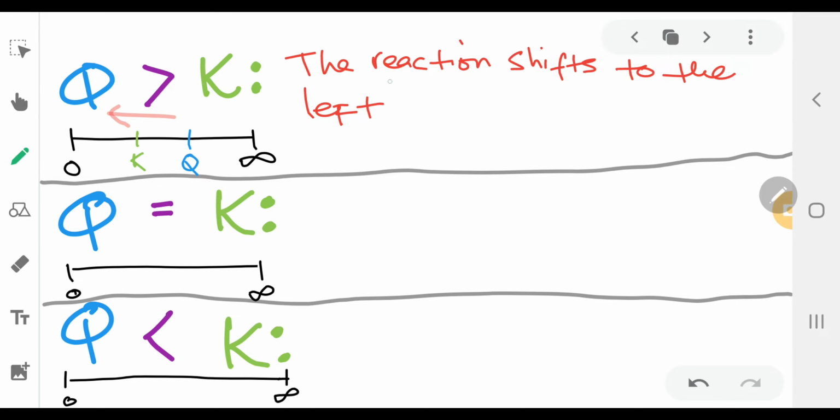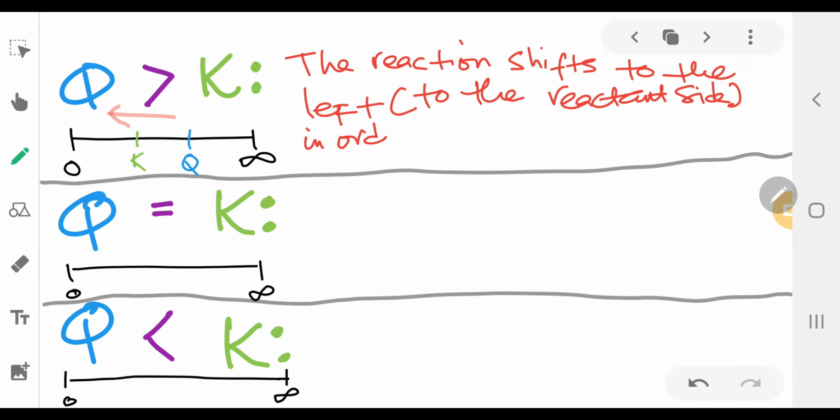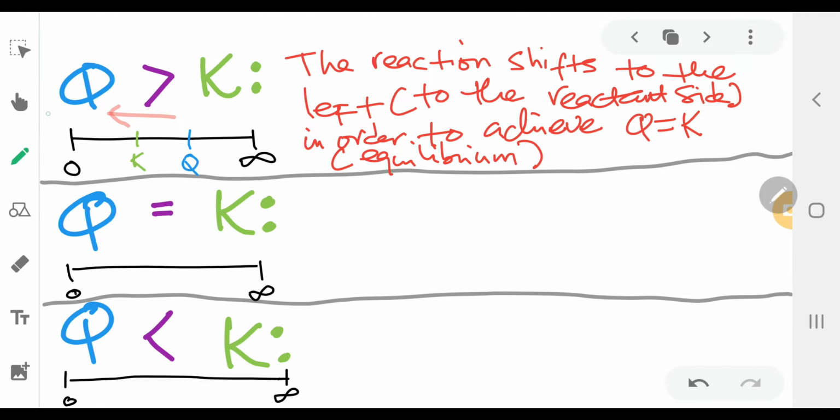Okay, to the left, in brackets, to the reactant side in order to achieve Q equals K, in brackets, equilibrium. Okay.